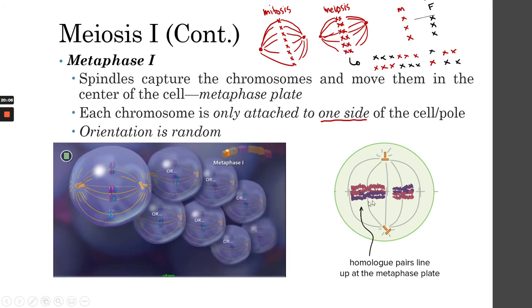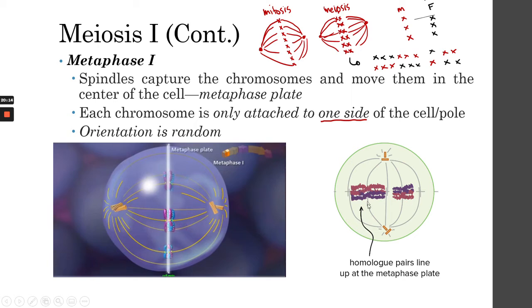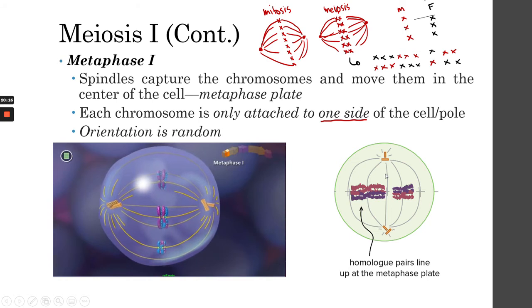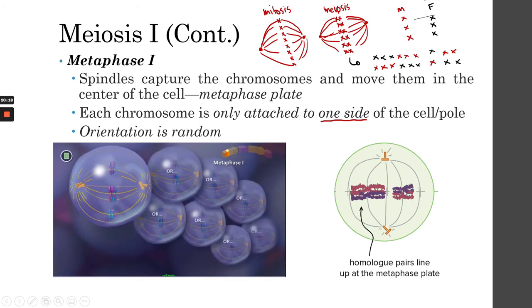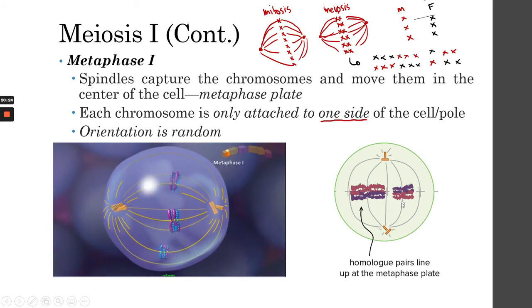So here the homologous pairs line up, and as you can see, the orientation of these pairs is random. This side could have been the same way, with the purple on this side instead and the pink on that side.